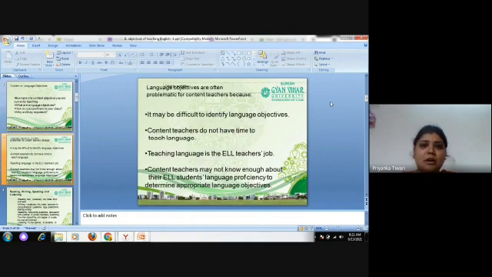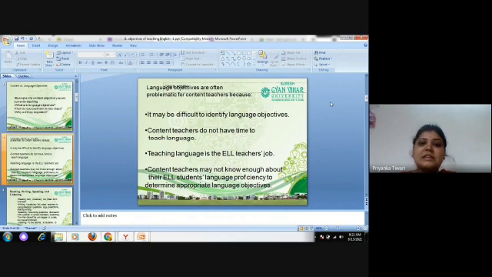First of all, language objectives are often problematic for content teachers because it may be difficult to identify language objectives. Content teachers do not have the time to teach language.